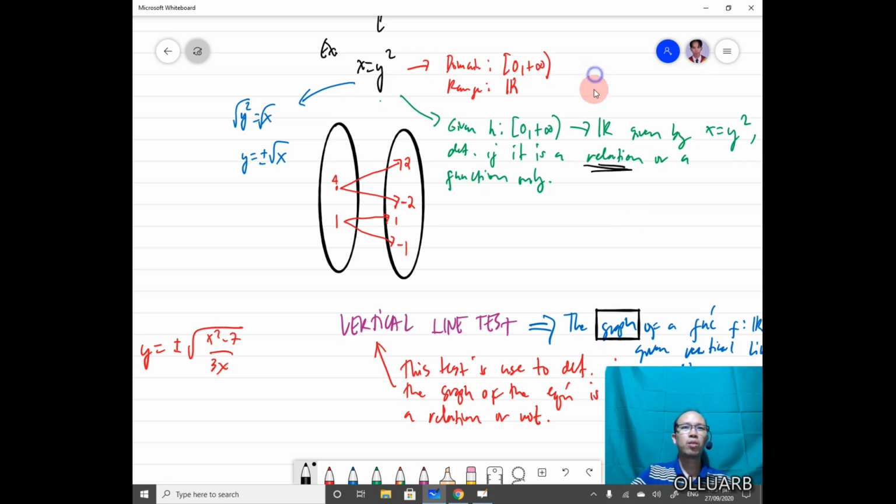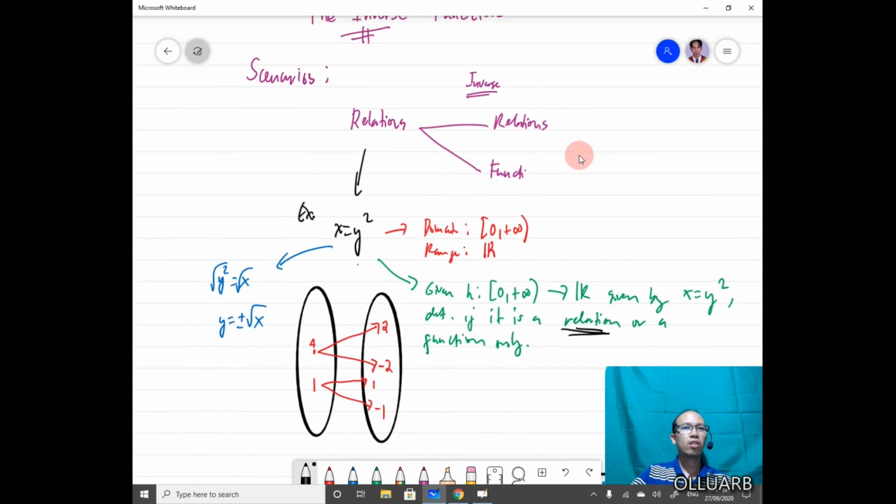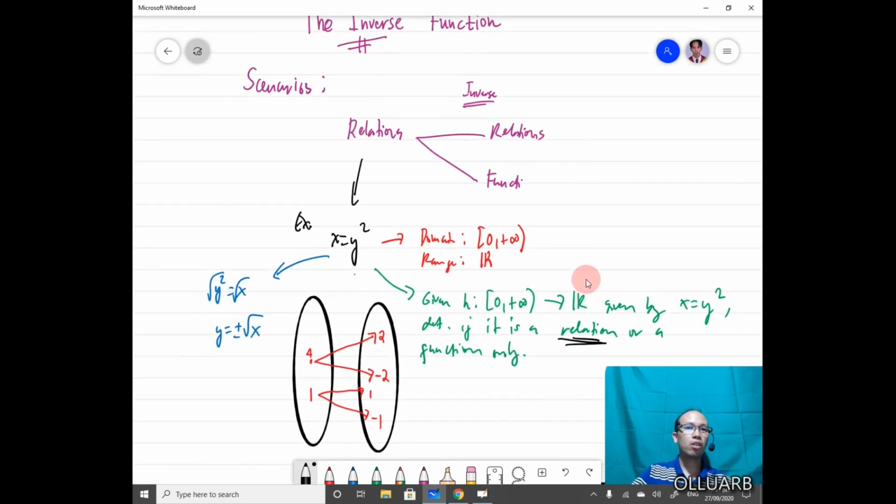However, if you interchange the roles of x and y, for example this one, what will happen? Does the given equation become a relation, or does it become a function, or not a function or not a relation?